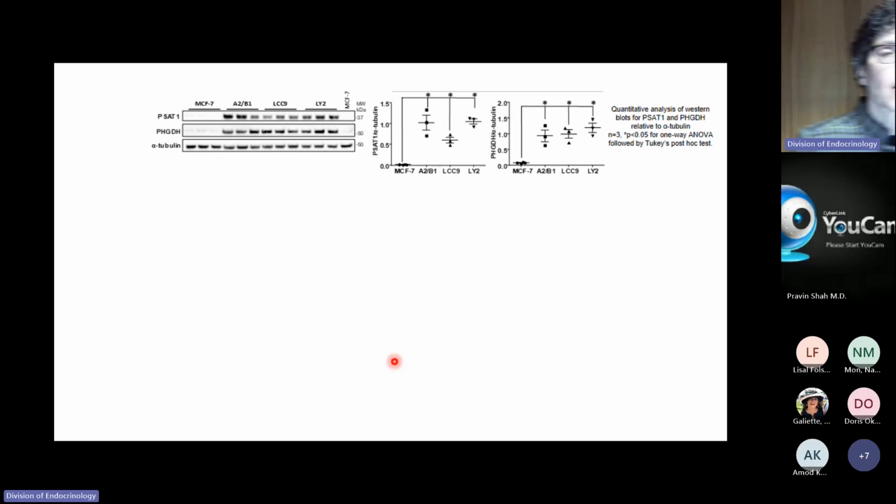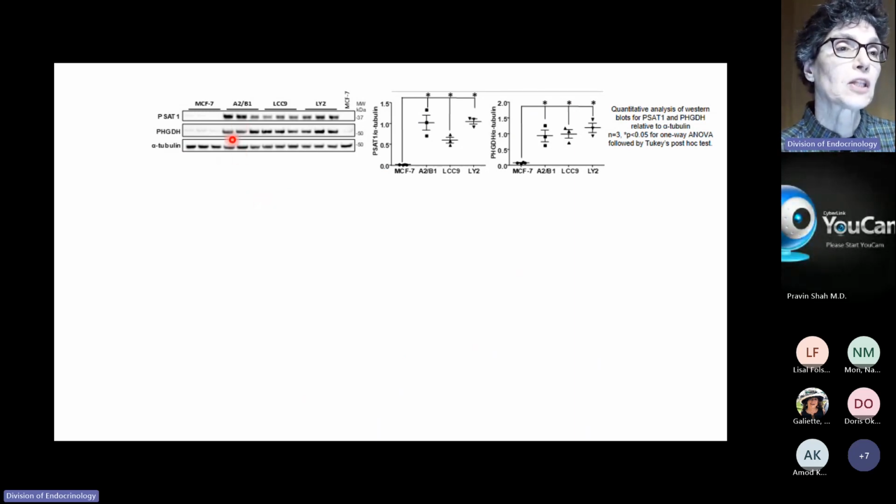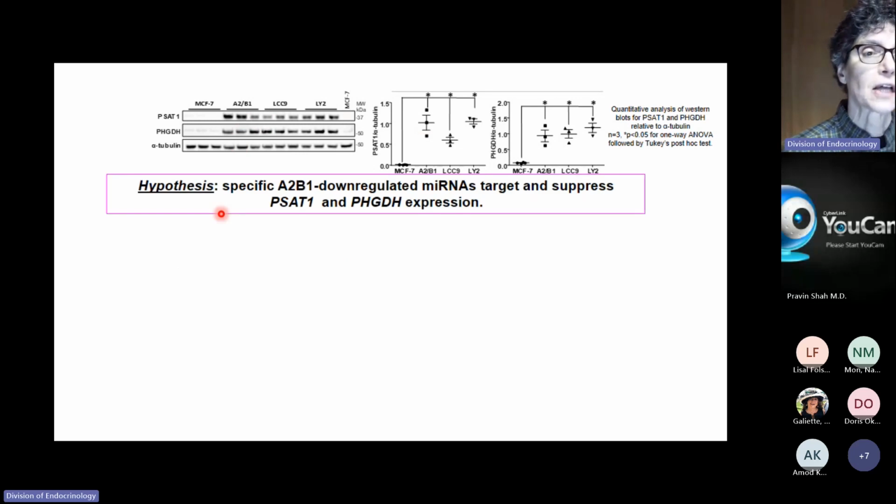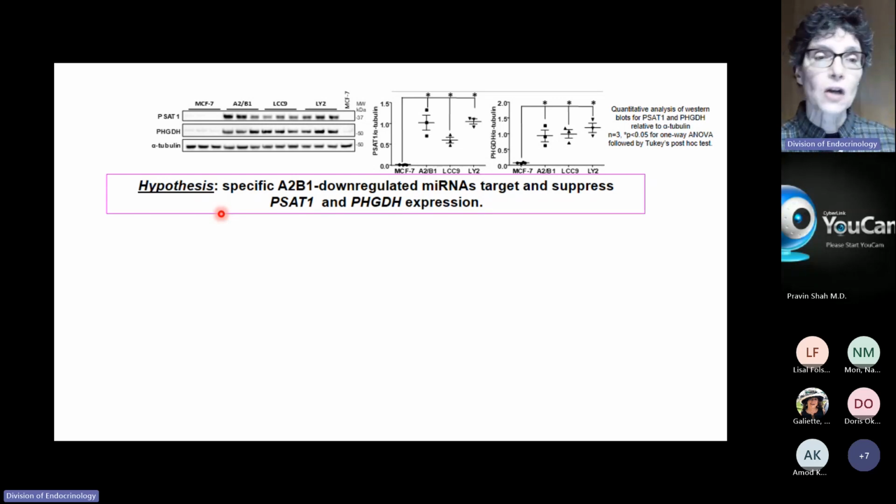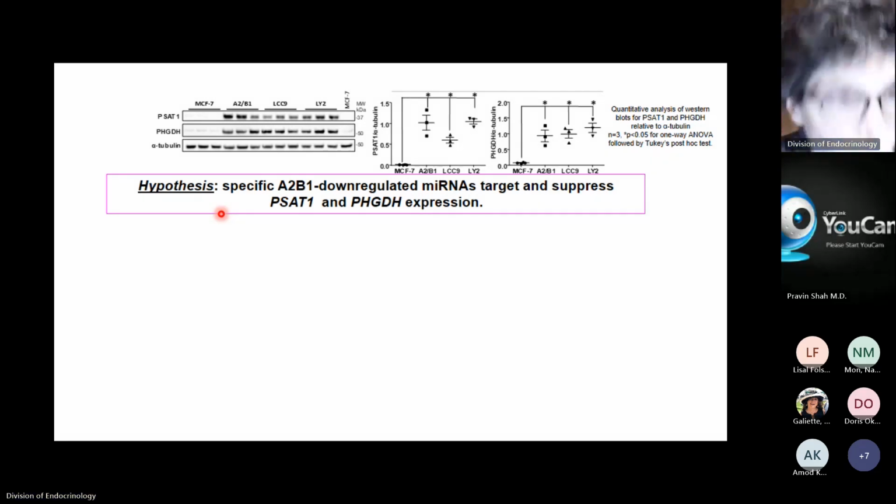So we looked at our hnRNPA2B1 stably overexpressing MCF7 cells for PSAT1 and PHGDH expression, and similar to what Stephanie Metcalf and Brian Klinge had already shown for LCC9 and LY2 cells, we see a higher expression of PSAT1 and PHGDH protein in these endocrine therapy resistant cell lines. So we hypothesized that specific hnRNPA2B1 downregulated microRNAs target and suppress PSAT1 and PHGDH expression.